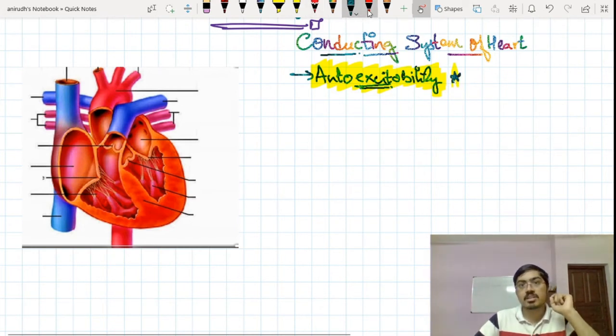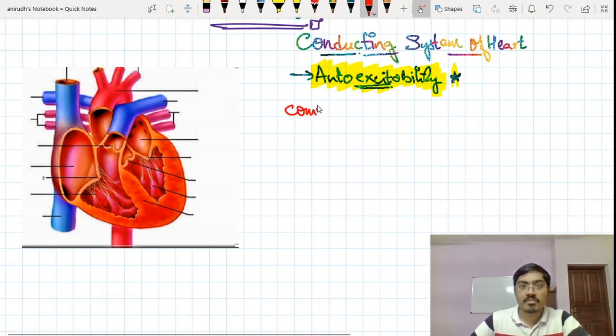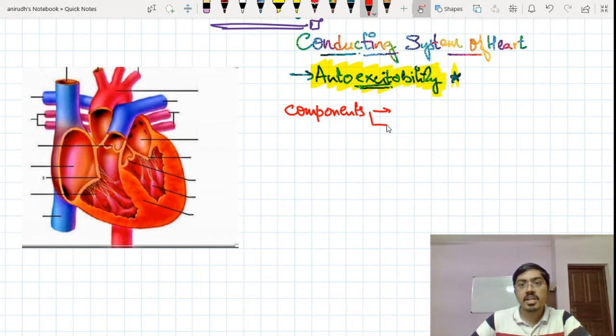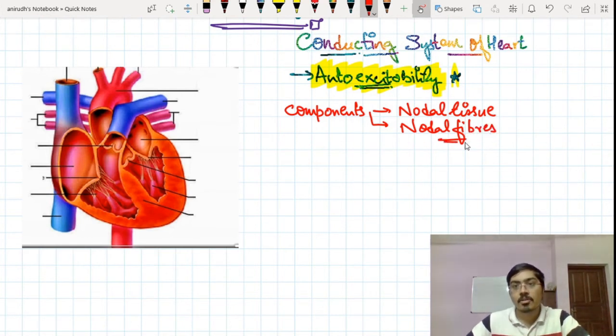Now the components of the conducting system of the heart are as follows. The components of the conducting system of the heart are two in number. One, you have nodal tissue, right? And the other one, you can call them nodal fibers, right? Or these can be called the bundles.